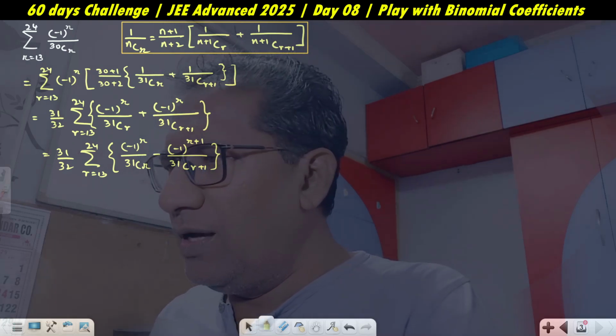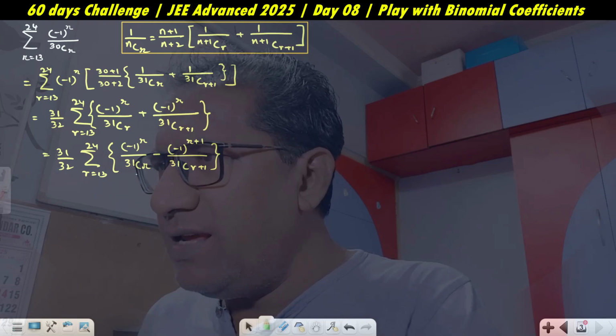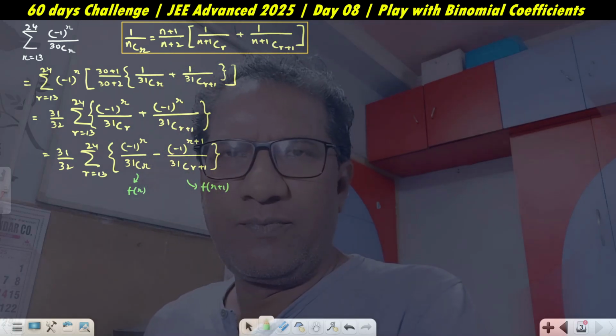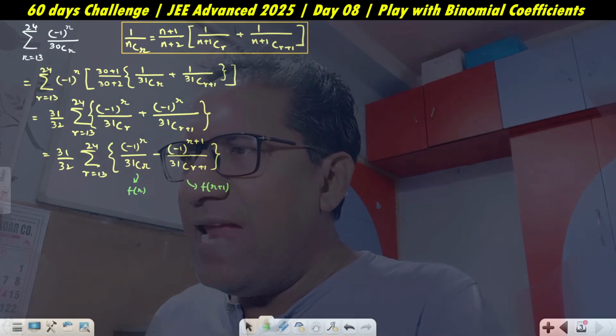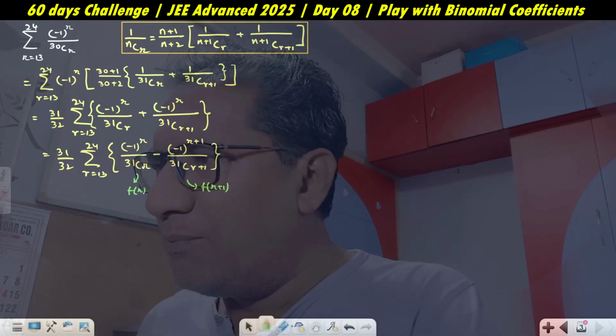Now, you can observe that if this one is a function of r, then this one will be the function of r plus 1. So naturally, again, we will use the telescopic method to find out its sum.